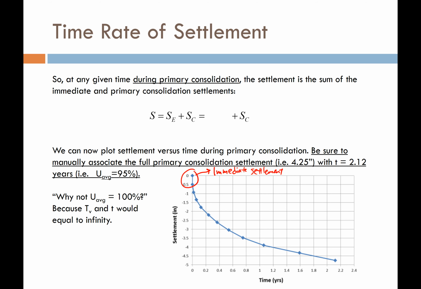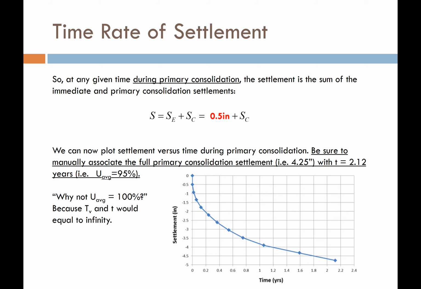So that's why all of these individual settlements are the primary consolidation settlements plus the immediate settlement of 0.5 inches. So now we can predict what our settlement should be with time after we apply our load on the ground.